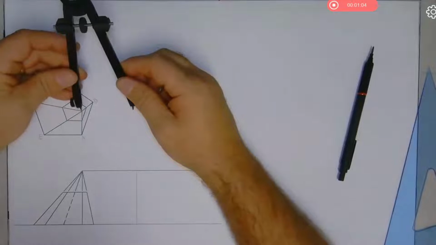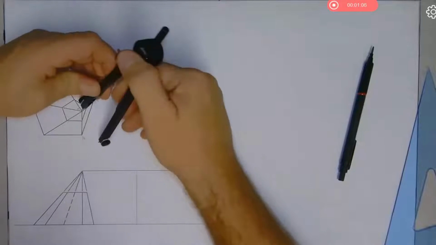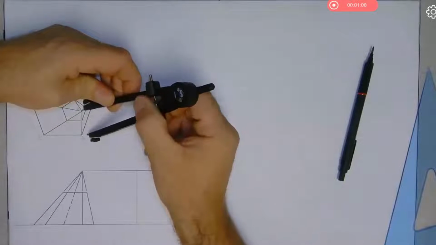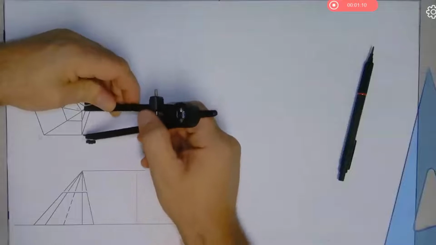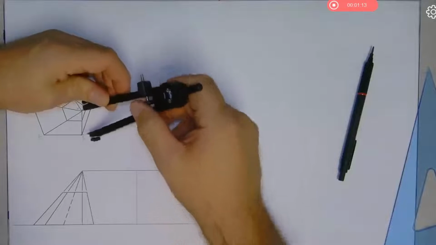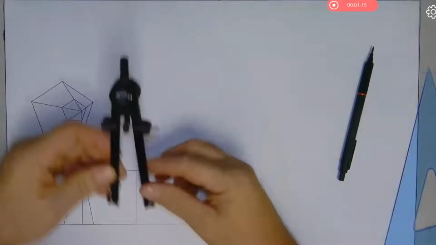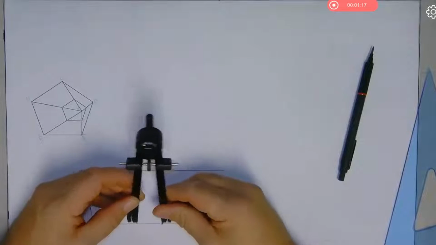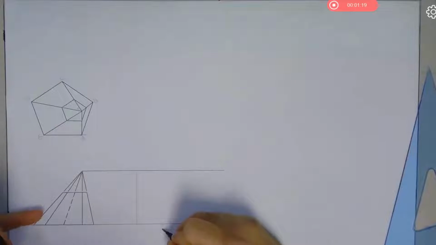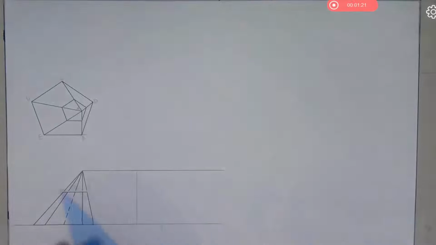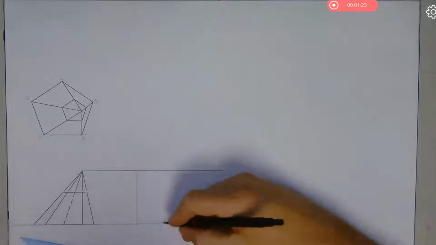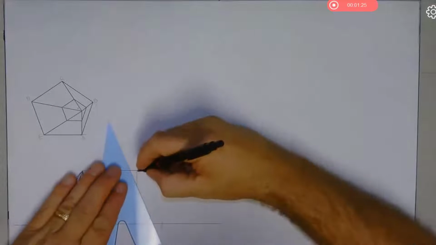So I'm going to measure the distance from A to X with my compass. Right there. And put my A mark right here. Of course, this is the height of it. This is the length of the line as it leans back.